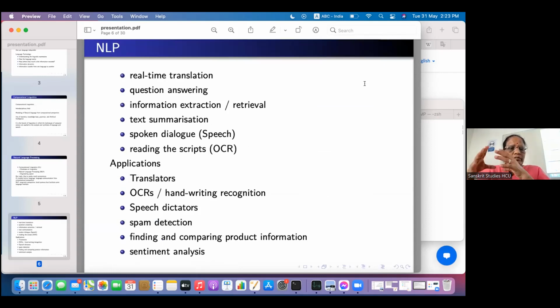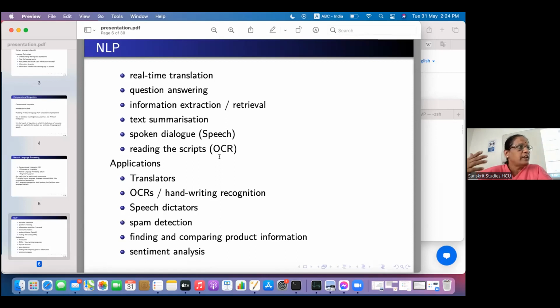But when I use NLP, my focus is more on the engineering aspect or the product aspect of it. So these NLP people were more interested in real-time translation, question answering systems, information extraction, retrieval, text summarization, spoken dialogues, reading the scripts, etc.